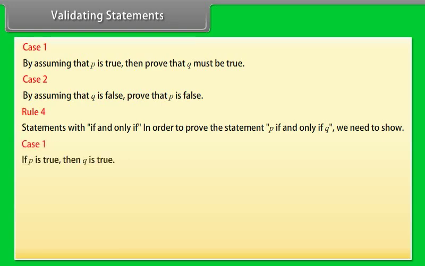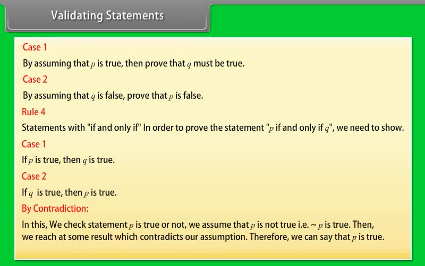If P is true, then Q is true. Case 2. If Q is true, then P is true. By contradiction. In this, we check whether statement P is true or not. We assume that P is not true, that is, the negation of P is true. Then, we reach some result which contradicts our assumption. Therefore, we can say that P is true.